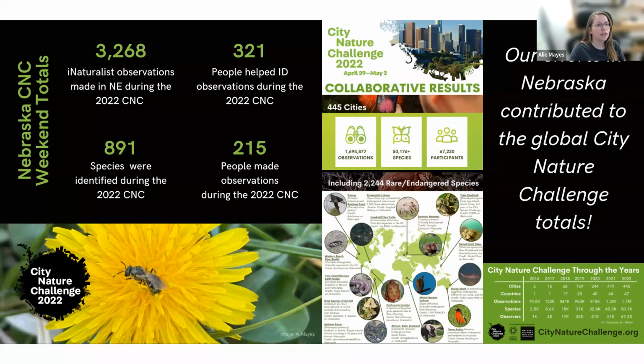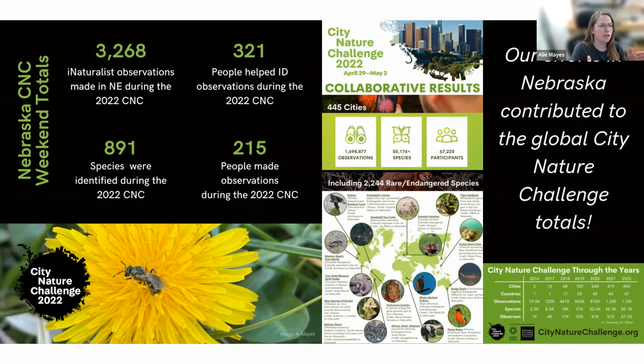Great question. The identification on iNaturalist is done by this huge community. You have a huge community of naturalists, and there are people on there who are content experts who go through and identify things. There are also amateur naturalists who are just interested, who go through and identify things. Here in Nebraska, we have all of these cities participating, so we have a collaborative, and the collaborative organizes ID parties, and we try to utilize those ID parties in order to do more identifications.